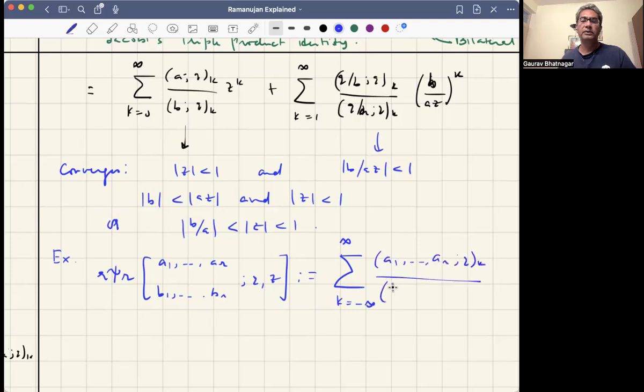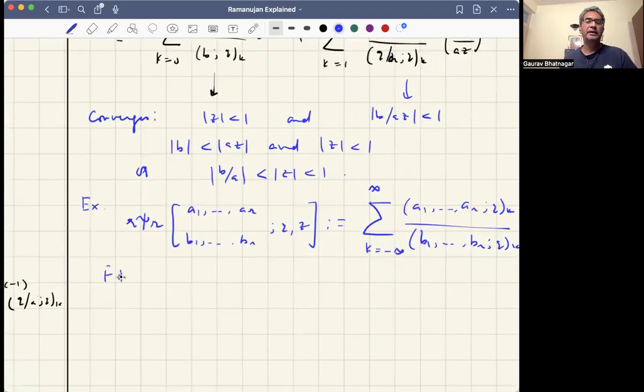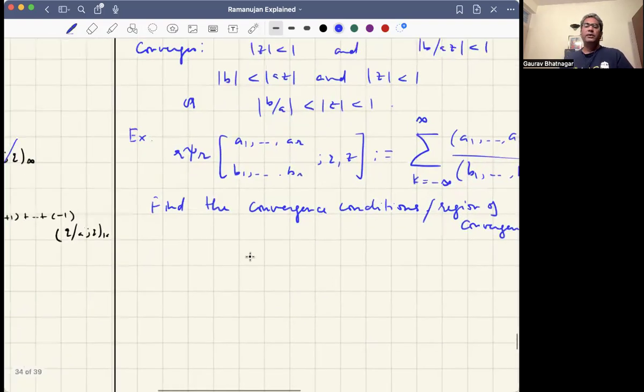So in the numerator, you have this. So there's no extra q. And using the same idea, find the convergence conditions, the region of convergence.